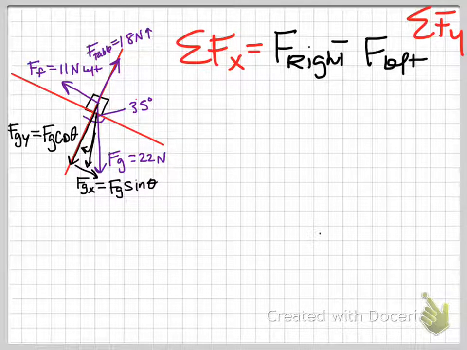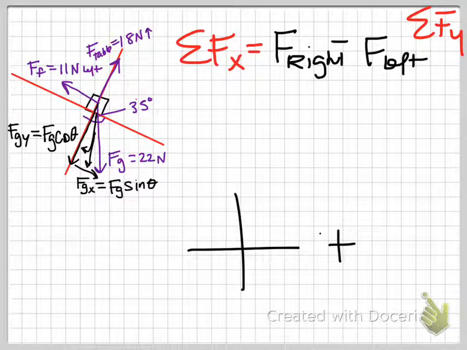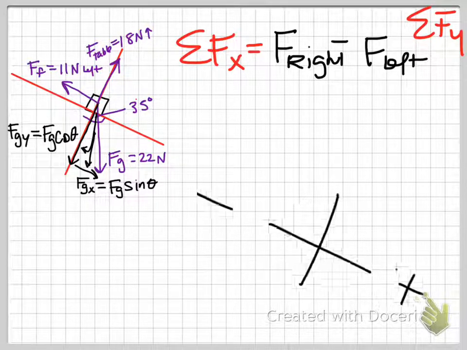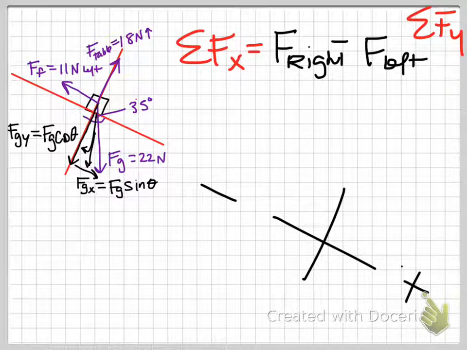Well, on a Cartesian coordinate system, we usually think that this is positive and this is negative, and all we've done is tilt that, which, okay, this gives me a headache for two reasons. Number one, it means that down the hill is positive, which I don't like.